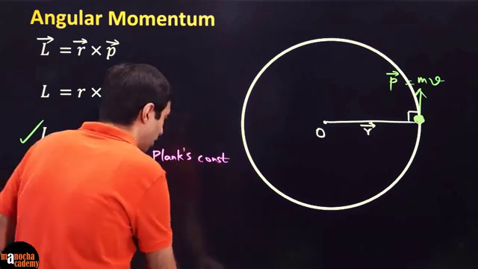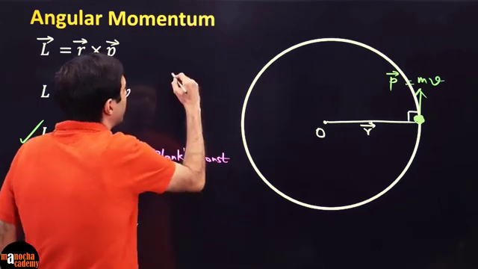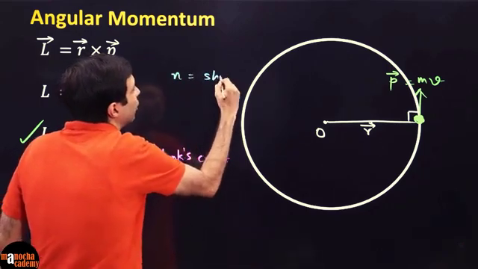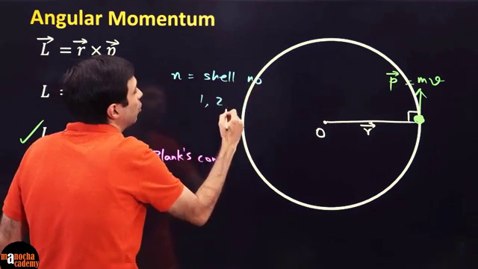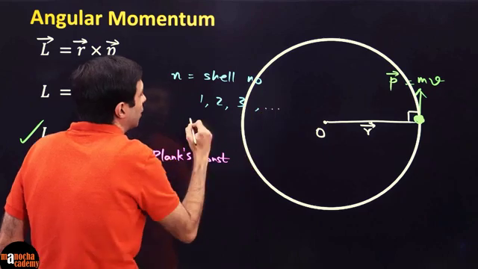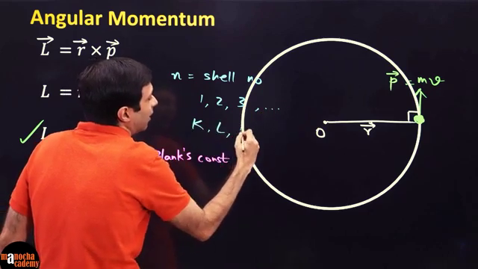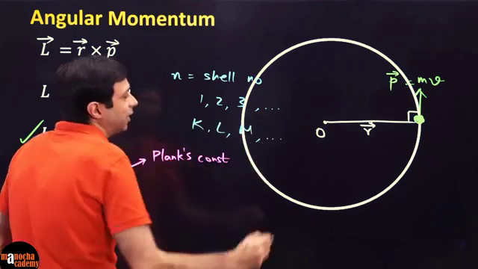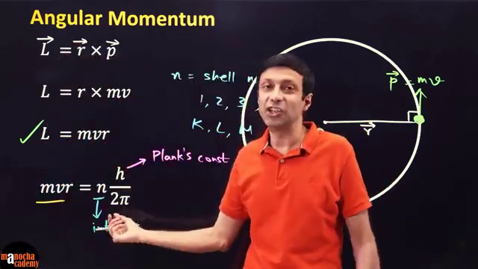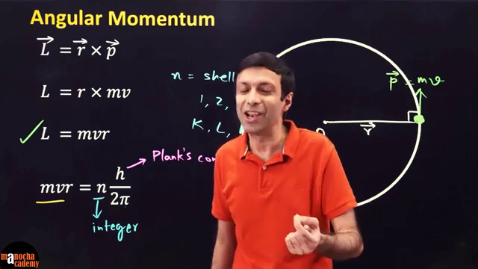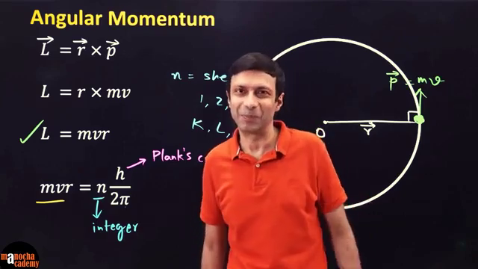So note this down: n is basically your integer, your shell number, which can be 1, 2, 3 and so on, for the K, L, M, N shell and so on. Okay, remember? So this n integer is basically your shell number in Bohr's model of the atom.